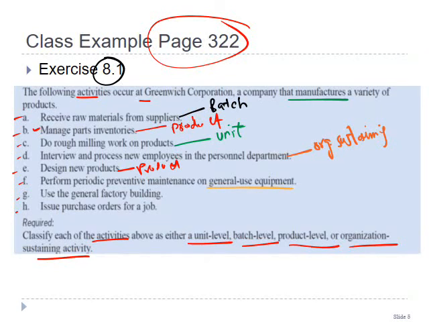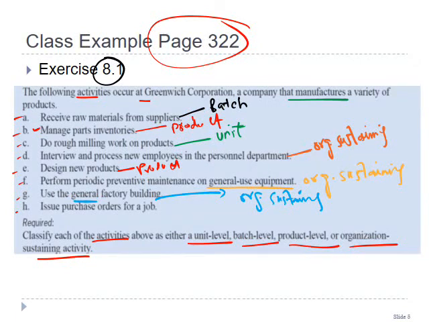General use equipment means everybody can use it, so the best answer is organization sustaining activities. And now G, use of general factory building. If your answer is organization sustaining activity, you are in good shape.